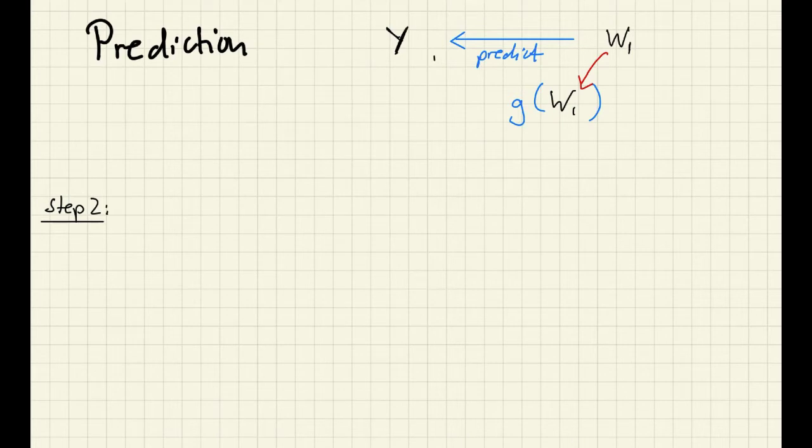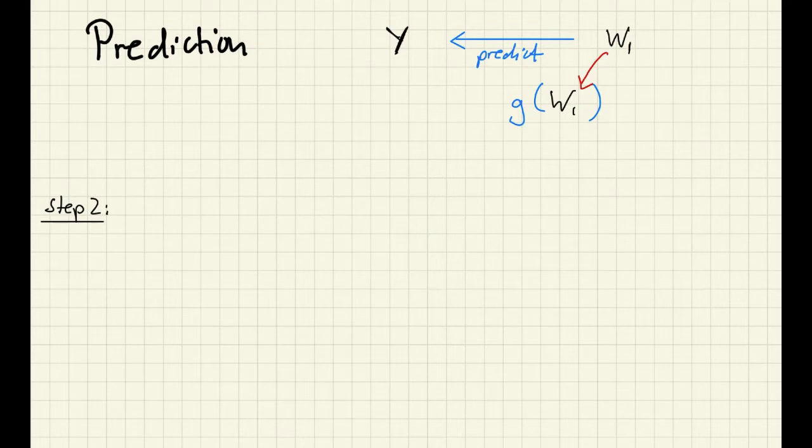When we plug w1 into this g function, we get a predicted value. And hopefully this predicted value will be close to the unobserved y that we want to predict.